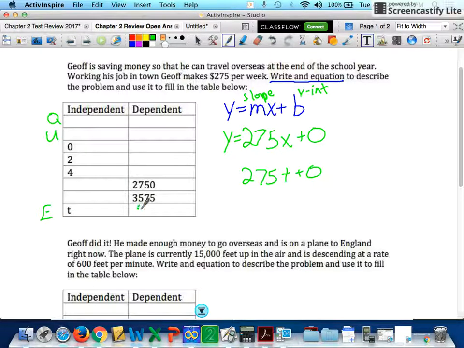So we fill this in. It is 275t plus 0. They already filled in this left-hand column for us with t. Well, I know that means my quantity is time. My unit of time comes from the problem, and in this case, it says we're talking about weeks.